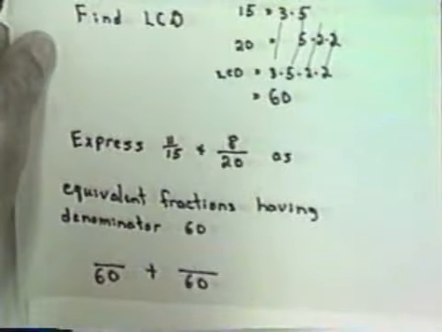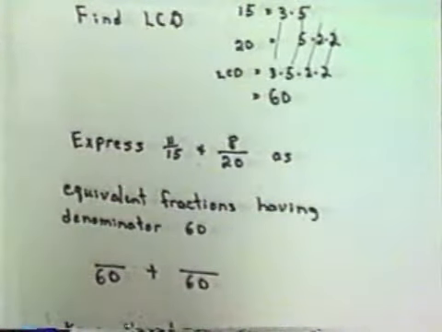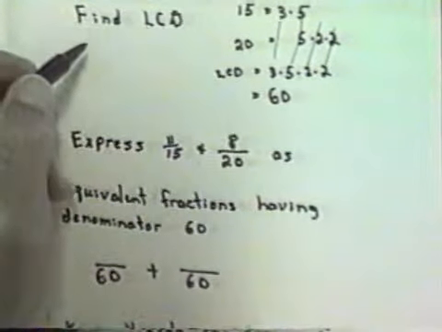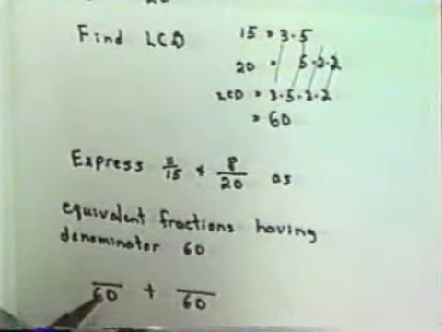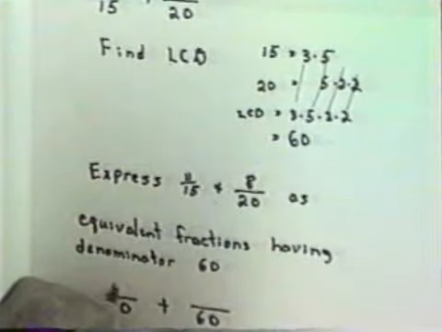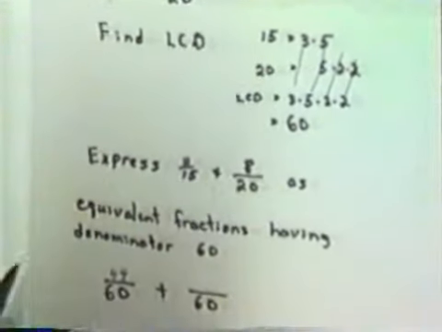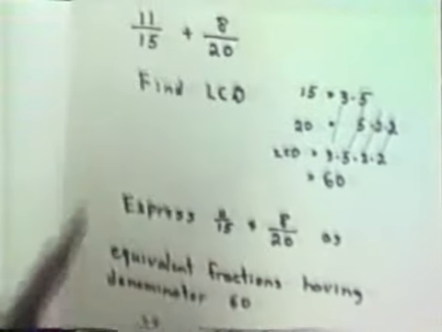Okay, I want to express them having denominator of 60. Well, to do that, I would have to say 15 into 60, which is 4, and then 4 times the 11, which would be 44. So I can write 11/15 as 44/60.